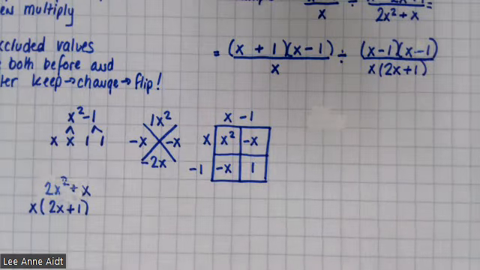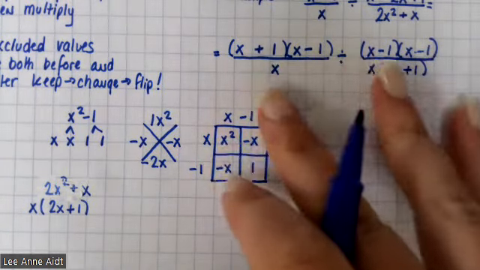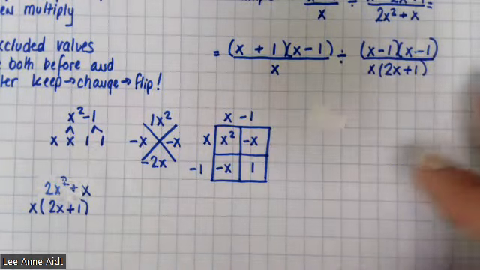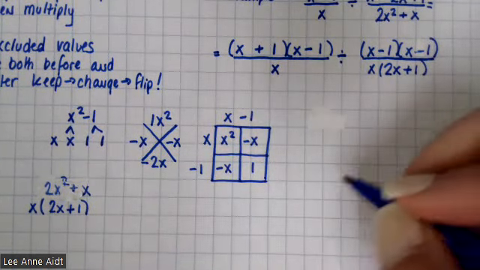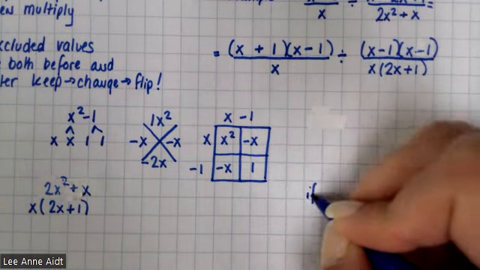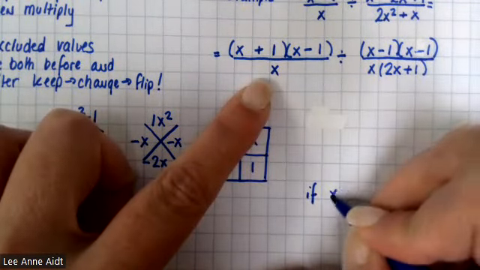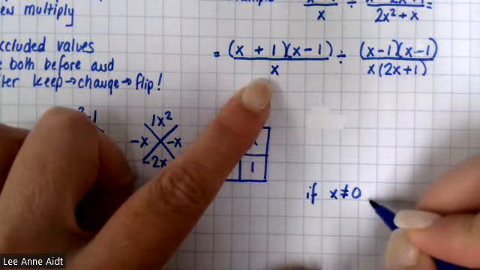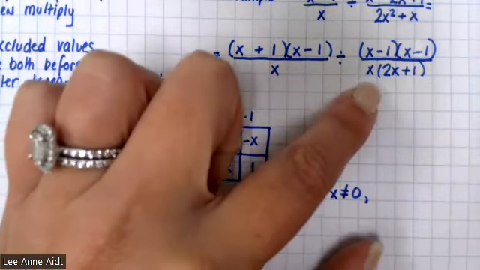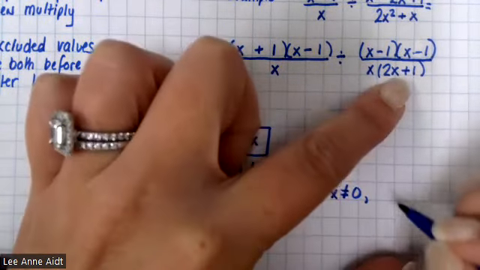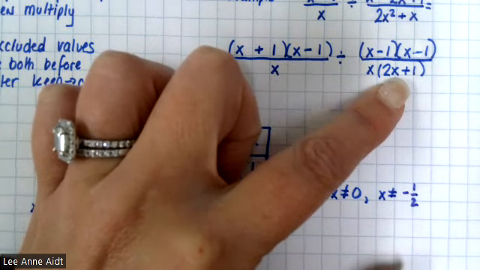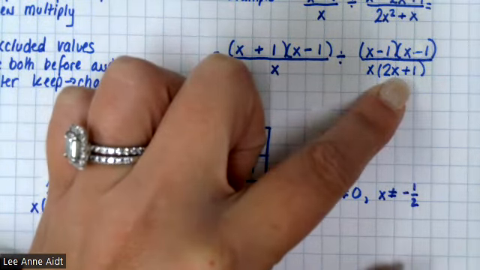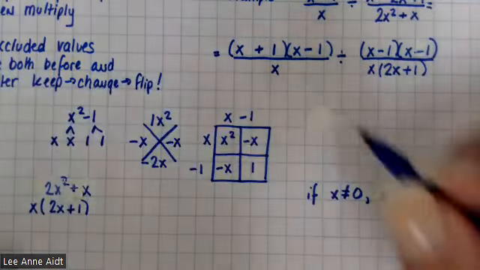Okay, so pausing here, I have all the factoring done. The hardest part of the problem is over. What are my excluded values right now? Okay, so yep, right here, x cannot be 0. This one is also 0. And then this one is correct. Okay, now I'm going to keep change flip.